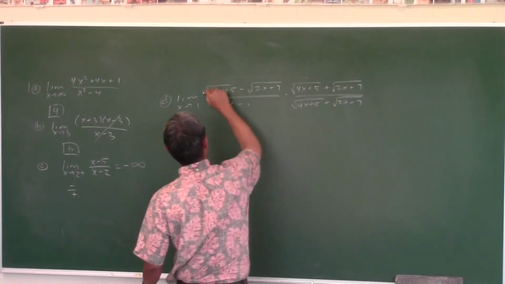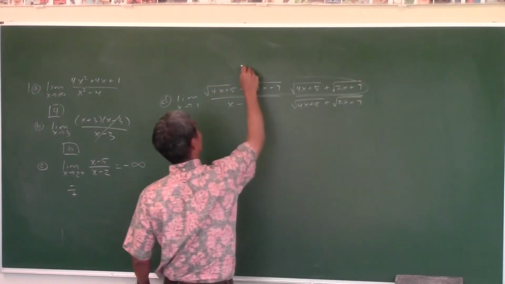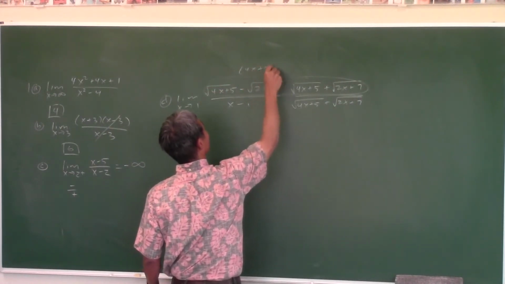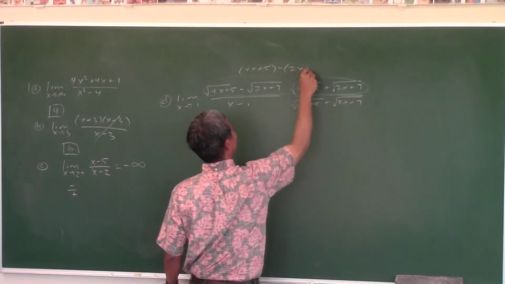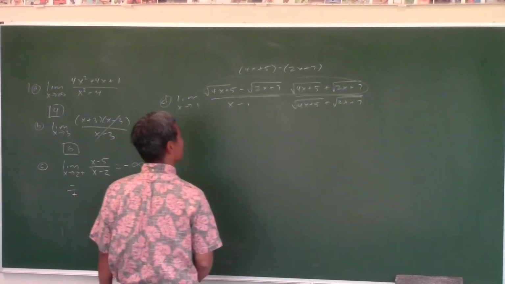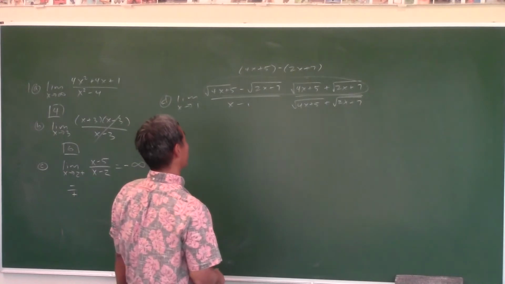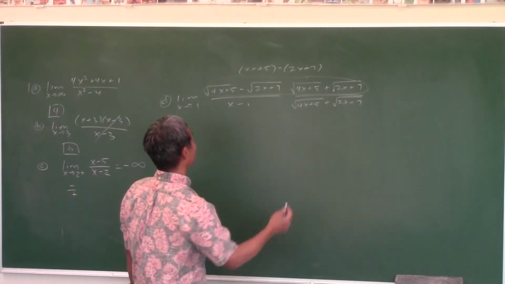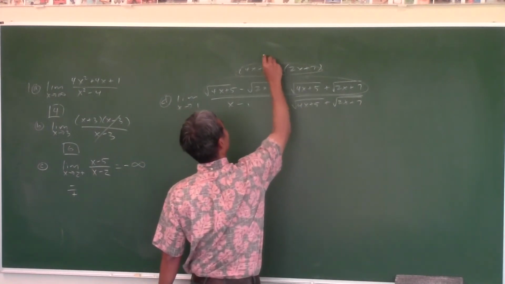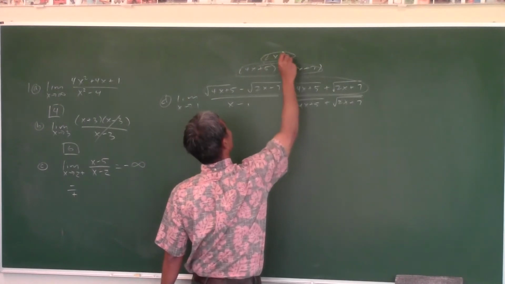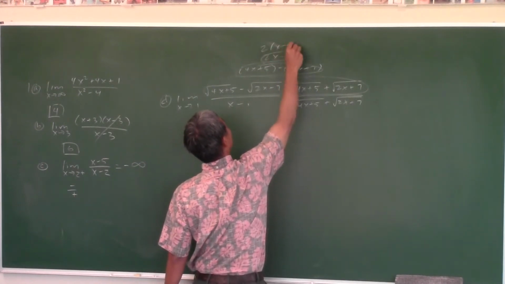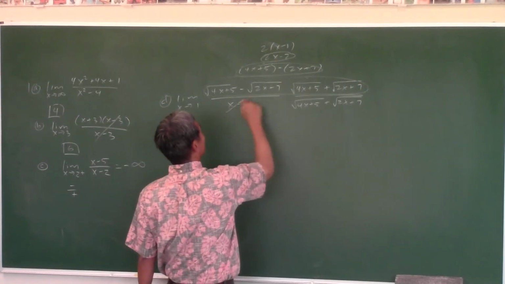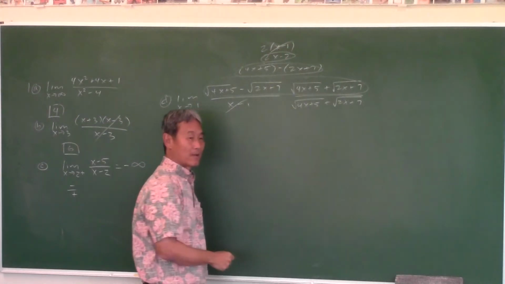When you multiply this times this, you're going to get 4x plus 5 minus 2x plus 7. Please put the parentheses. And when you distribute that minus sign, what are you going to get? 2x minus 2. But then you can factor out a 2. And is this good? Yeah, because this x minus 1 cancels with that x minus 1.